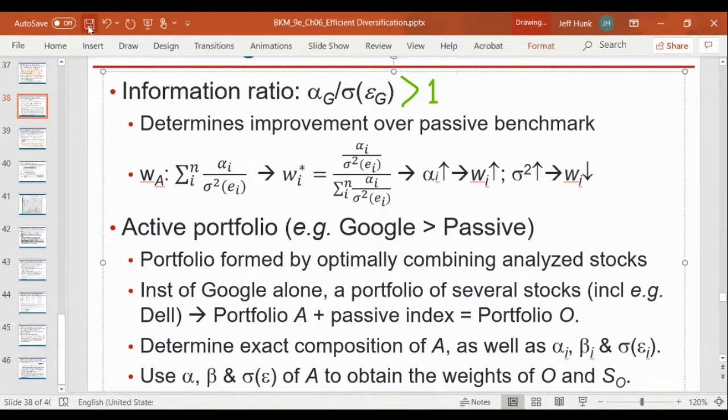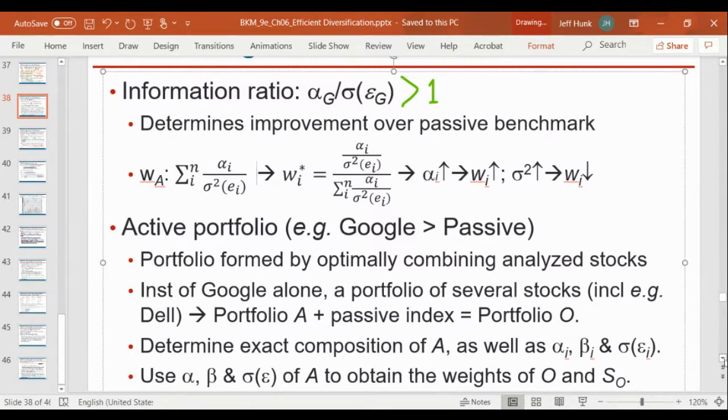So the active portfolio, let's say we have included Google. And let's say there's only Google in the active portfolio. Still, we already understand if Google has significantly positive alpha, right? It will improve the Sharpe ratio over the passive portfolio's Sharpe ratio.